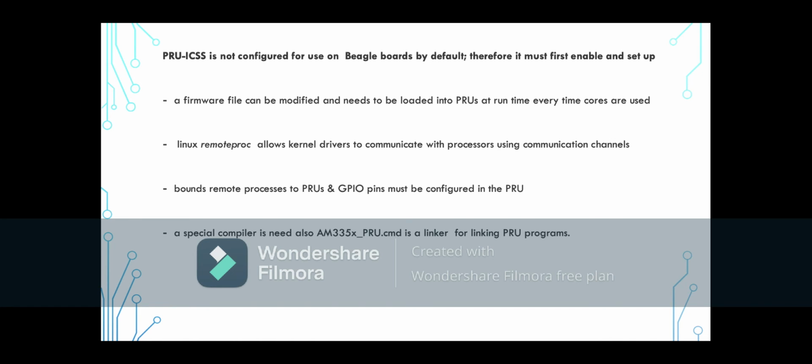The Linux remote processor allows the kernel to communicate with the processor using communication channels. It binds remote processes to PRUs, and GPIOs must be configured in the PRU cores. A special compiler is needed, and also there's a linker for linking the PRU register to the main processor, some type of mapping.